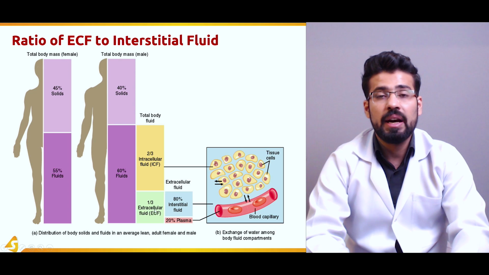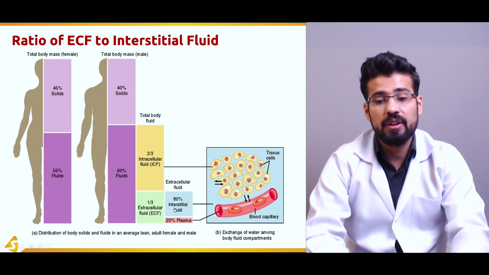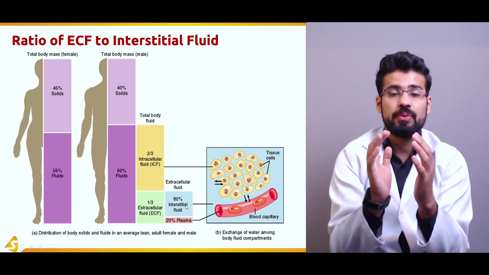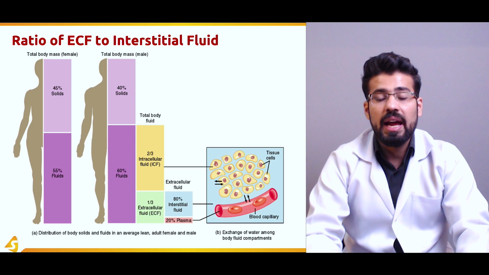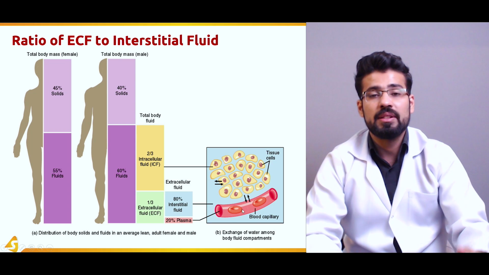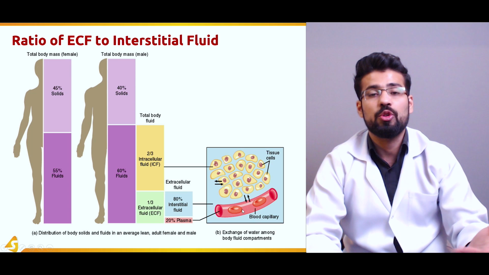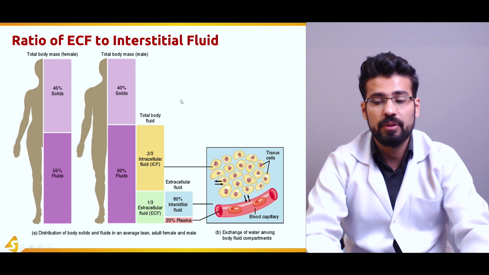In this one-third, 80% is covered by the interstitial fluid, the fluid present between the cells and the tissues, and 20% is the plasma, which is basically the blood that flows throughout the circulatory system of the body.